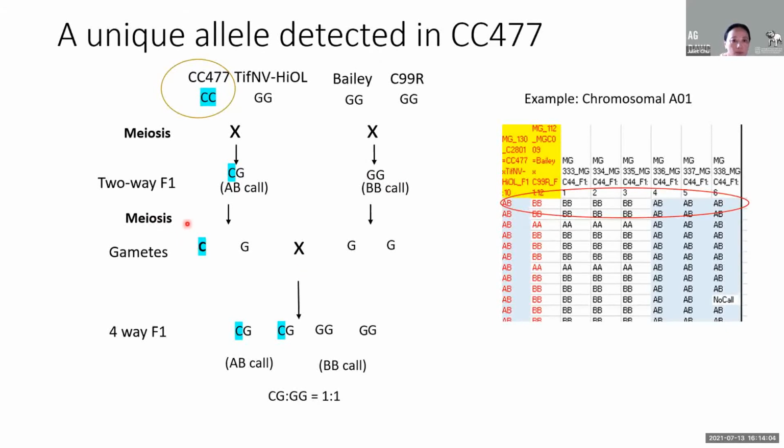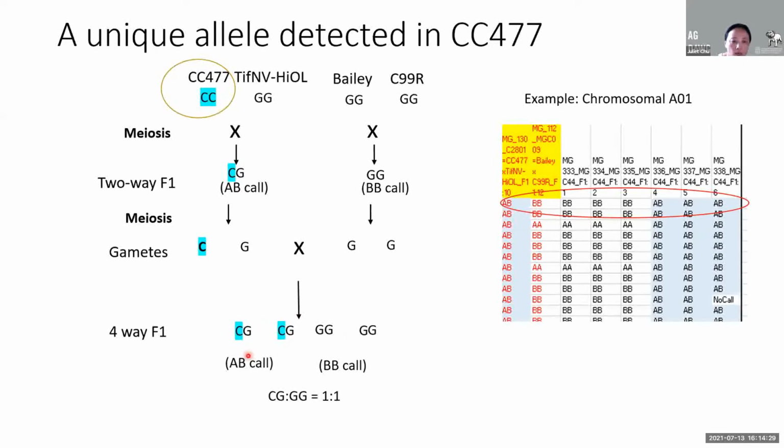But then meiosis happens when we use the two-way F1s as male and female for the four-way cross. When meiosis occurred, forming the gametes for the egg cell and pollen, after fertilization the shuffling happens at this stage.